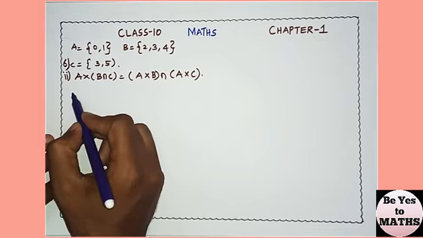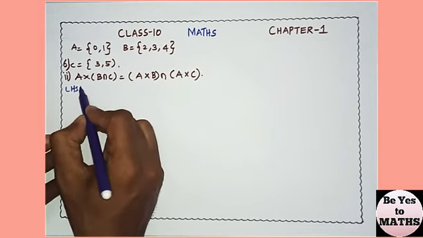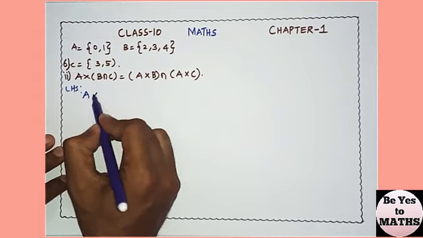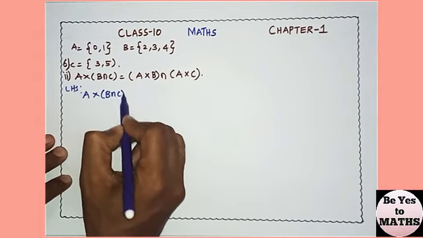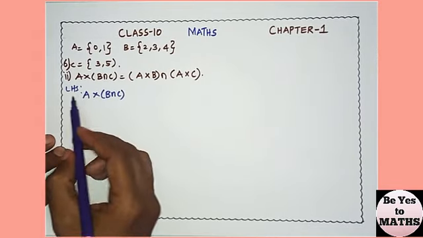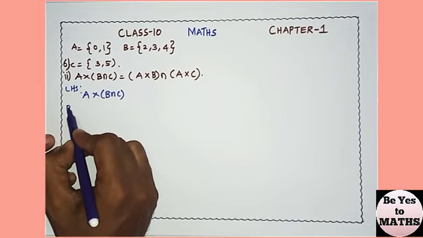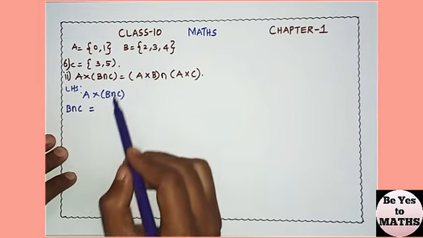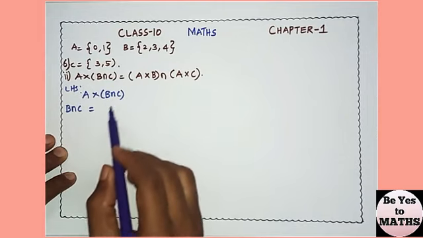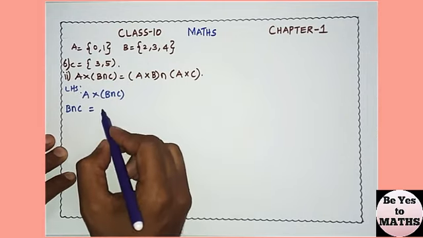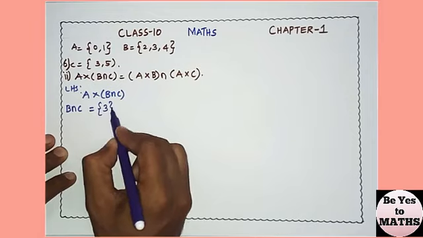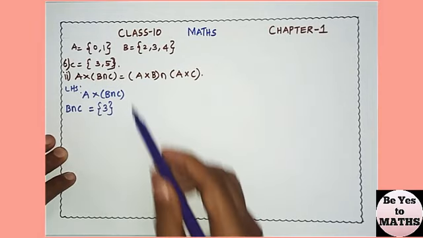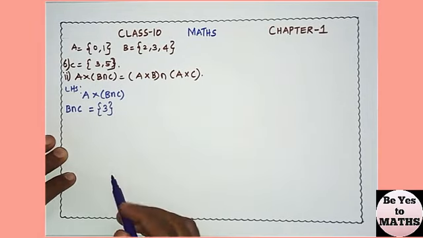First we'll take the left hand side, A cross (B intersection C). We'll find B intersection C first. What are the common elements in B and C? In B and C we have 3 as the common element.